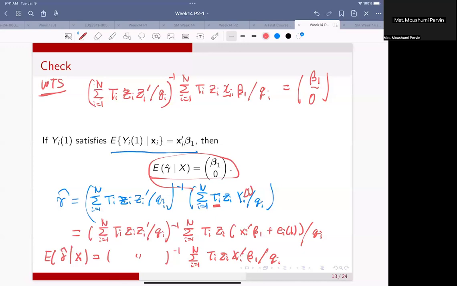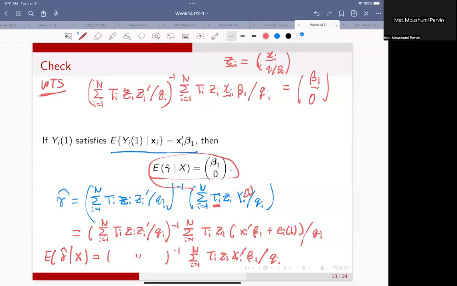Notice that Ci is what? Ci is xi, right? And an additional term, which is Qi divided by pi i hat. So how to show this?